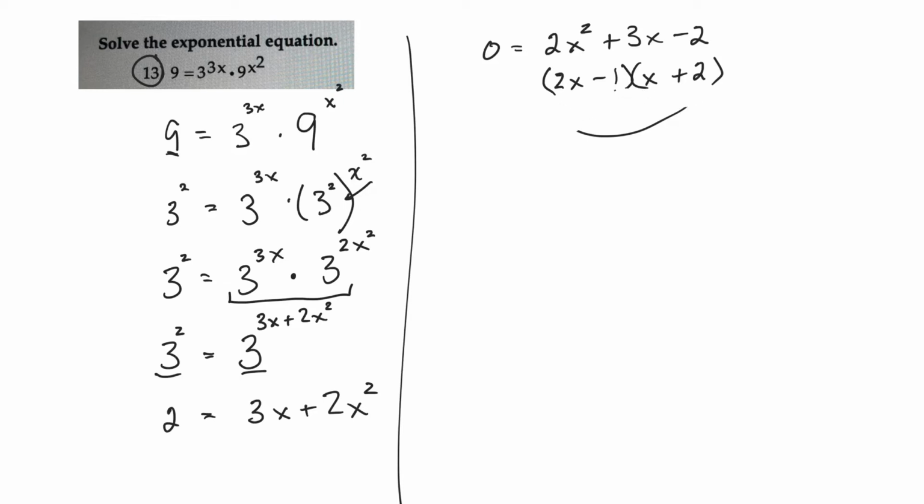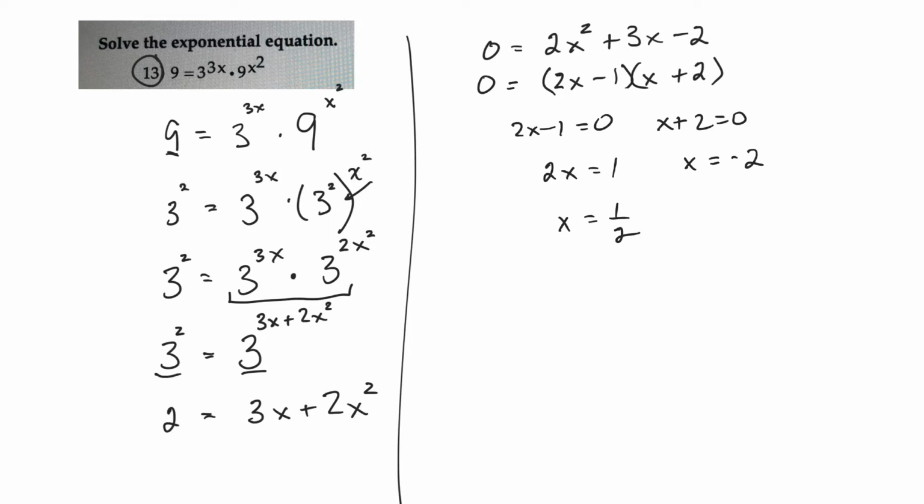Okay, so now that I've factored it, it's equal to 0. So either 2x minus 1 is 0 or x plus 2 is 0. In this case, I'll add 1 to both sides, divide both sides by 2. In this case, just subtract 2 from each side. So I come up with the answer of 1/2 and negative 2.